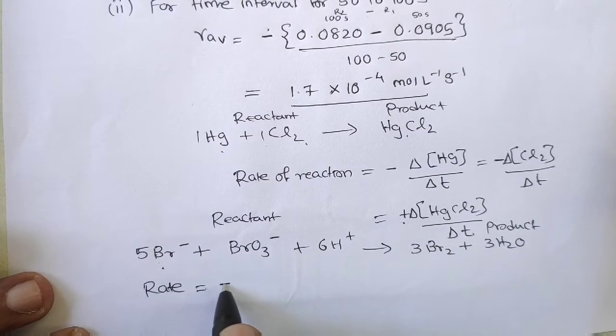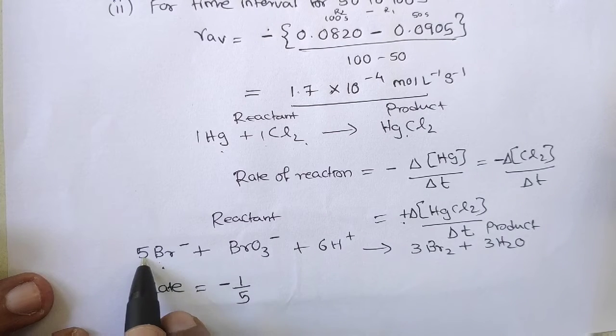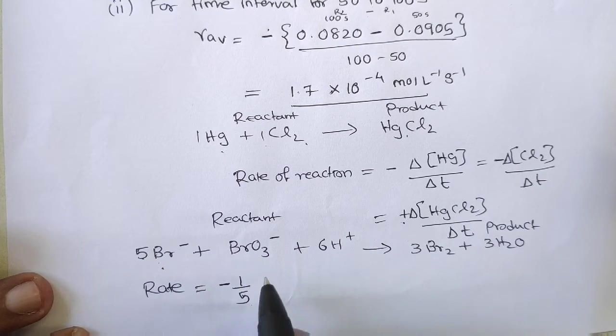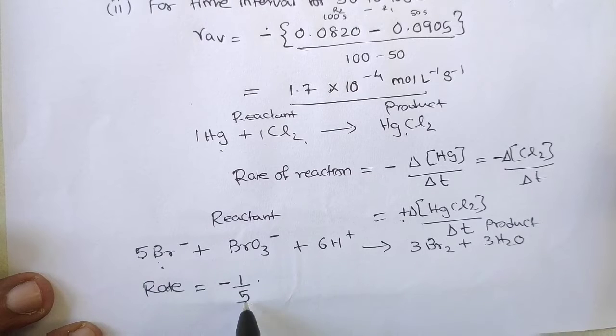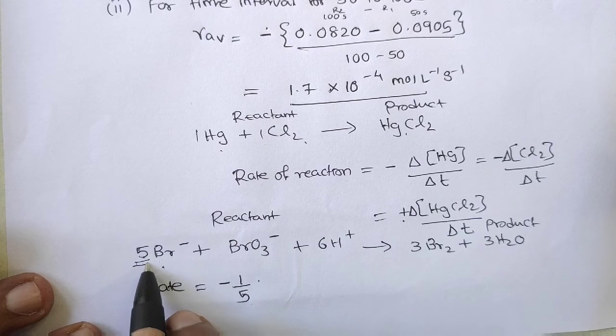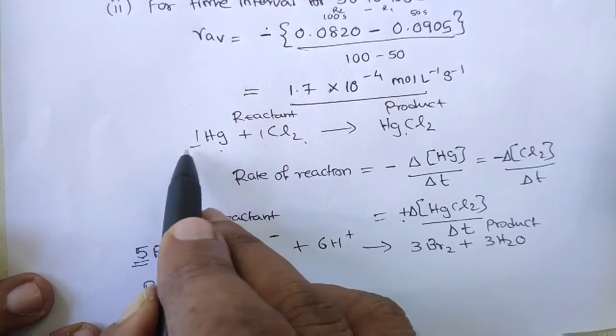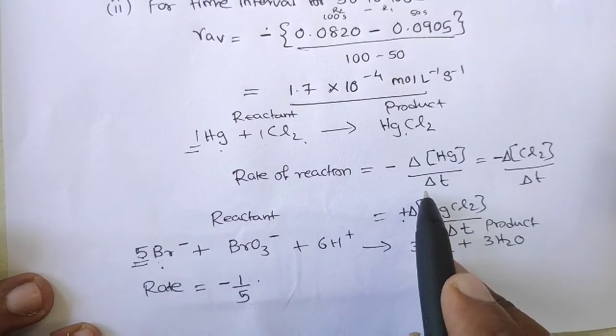Minus 1 by 5 here. This is how the rate is written based on the stoichiometric coefficient of the reaction. For the earlier reaction the stoichiometric coefficient was 1, so we didn't mention it.